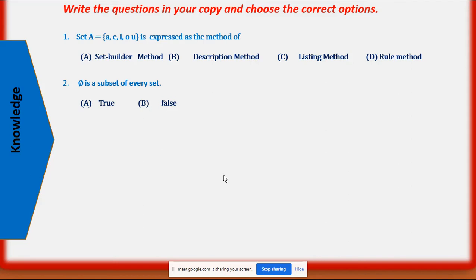Phi is the subset of every set. Is it true or false? Please write in the chat box.